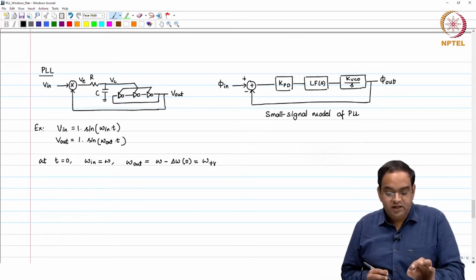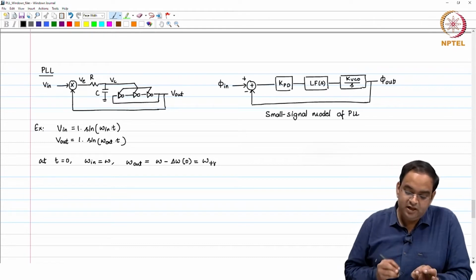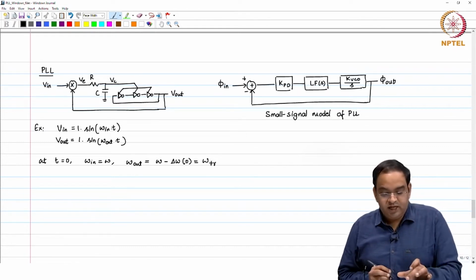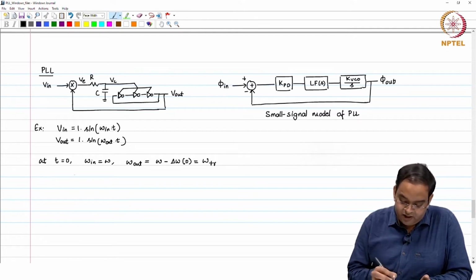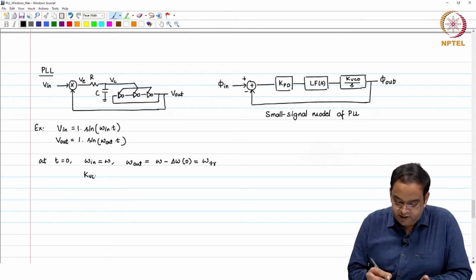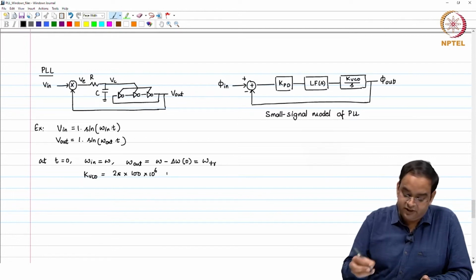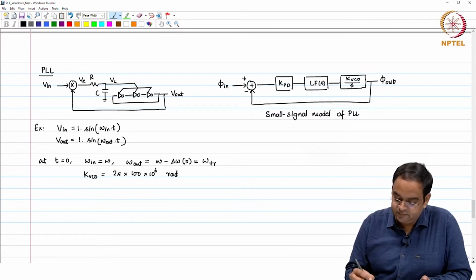So, as you see, at time instant t equal to 0, the input and output are not frequency matched. The k VCO here is equal to 2 pi times 100 into 10 power 6 radians per second. Normally, it can also be written as 2 pi into 100 mega radians per second.